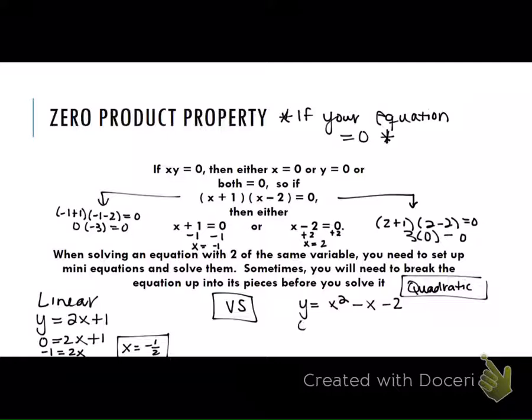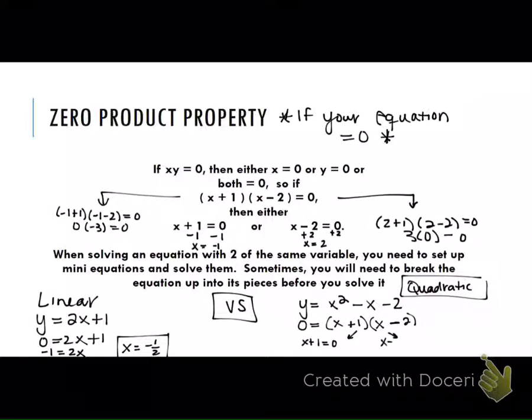Or we could factor this. So we would let y equal 0, and we would factor this. So we'd have x and x in front. 1 times 2 is 2. We need our middle term to be negative, so negative 2 plus 1 is negative x, which gets us here. So when you get here, you then make your mini equations and solve them.